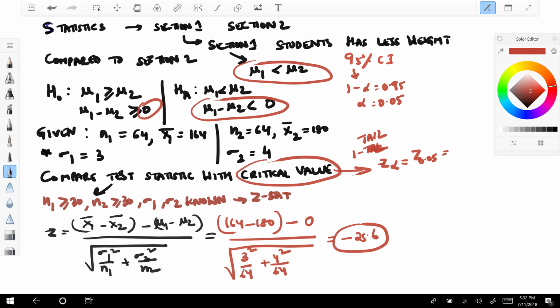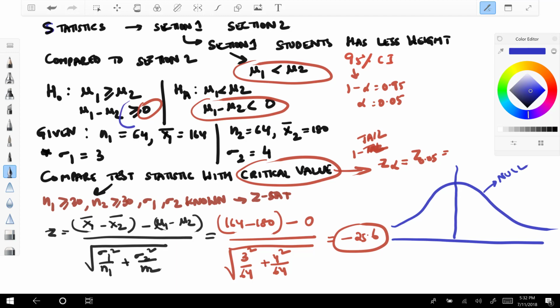So if we again draw our normal distribution curve, this is our null hypothesis. Because we have a greater than or equal to 0, anything to the right we do not reject H null.